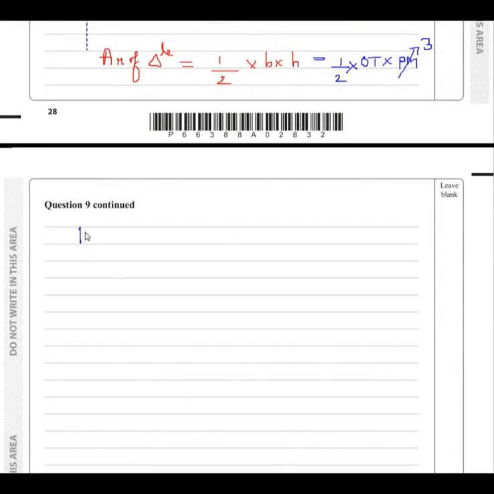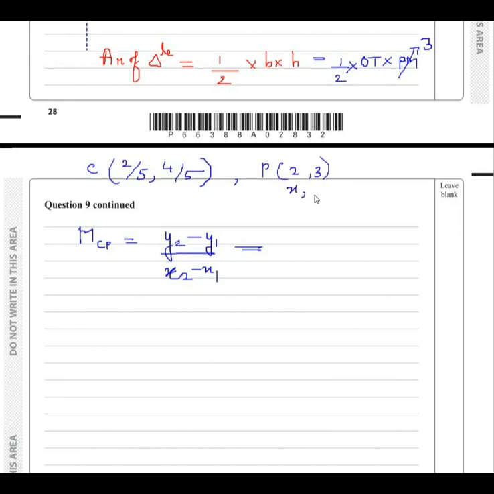Slope of CP is equal to y2 minus y1 over x2 minus x1. The coordinates of C, let me write it over here again, are 2 over 5 and 4 over 5, and we have P given as 2, 3. I take this as my x2 and y2, and this as my x1 and y1.